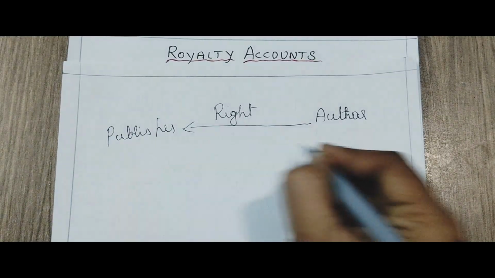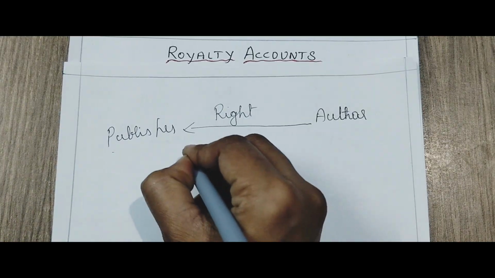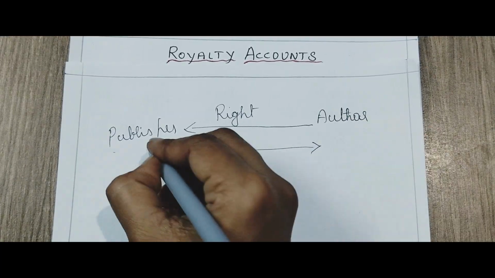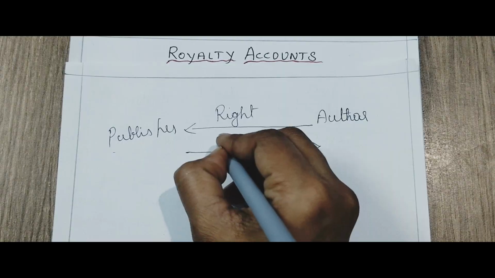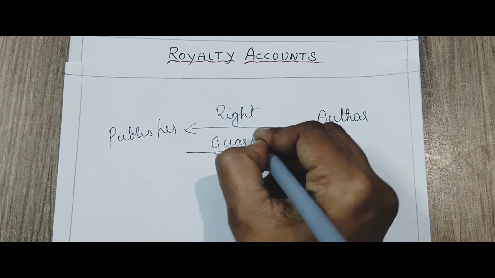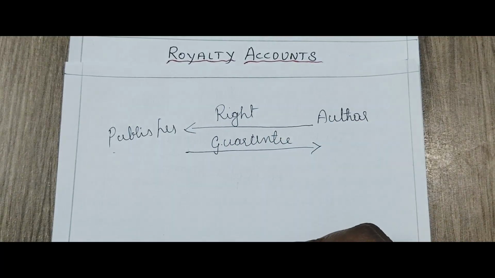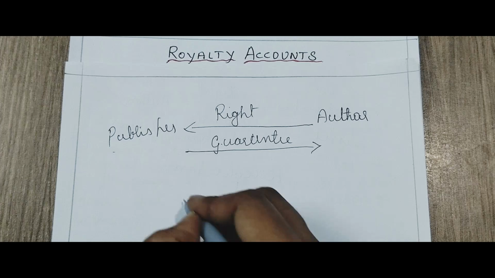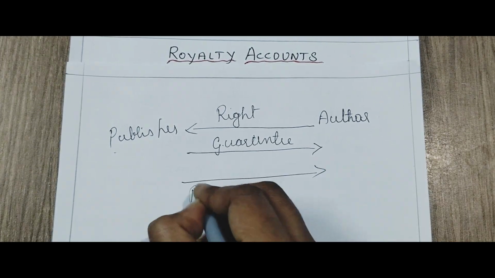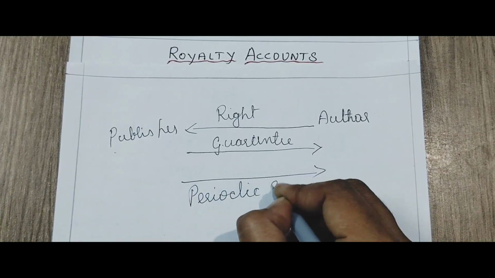Now, what is the benefit to the author and what is the benefit to the publisher? When he gets the right, he starts publishing and selling the textbook, right? He gives a guarantee. Guarantee of what? A periodic sum.